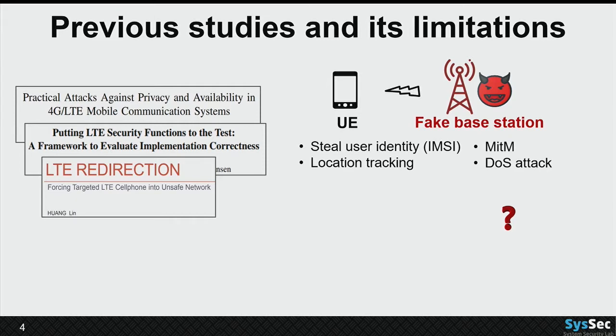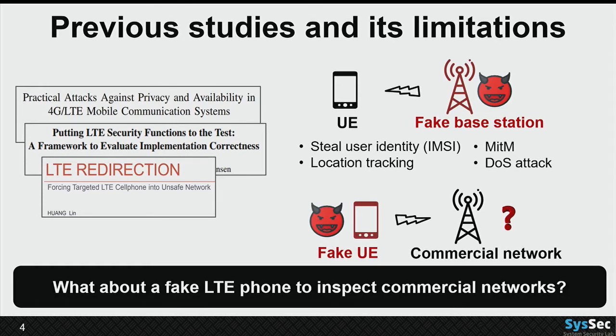However, these works mostly focus on phone-side vulnerabilities. Then, one may ask, what about using a fake LTE phone to inspect commercial LTE networks? Unfortunately, to the best of my knowledge, there is very, very little research about the network-side problems in operational LTE networks.